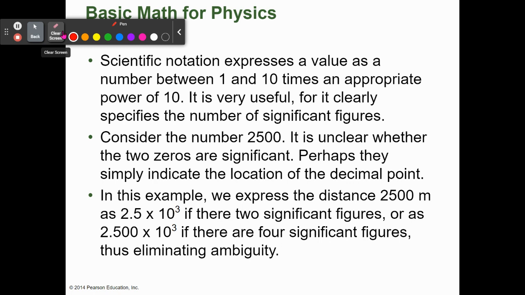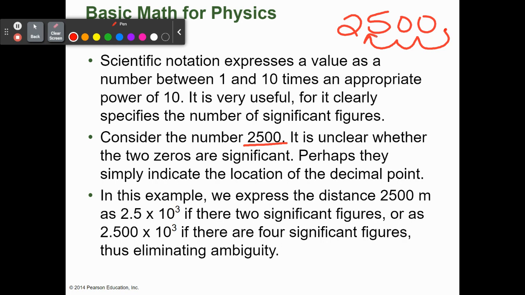So if we use the example of 2,500, and the decimal is at the end of that number, then we're going to move that decimal 1, 2, 3 places. It needs to be behind the first digit in the number.